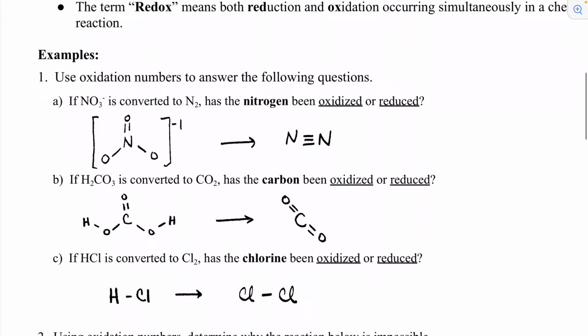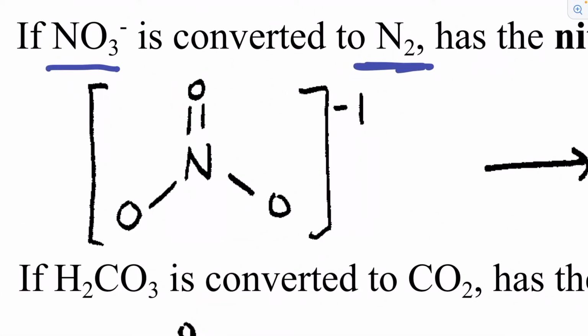All right, let's do some examples where we use our oxidation numbers to answer the following questions. First question asks, if NO3-, this is nitrate, is converted to N2, has the nitrogen been oxidized or reduced? What you need to do here is determine the oxidation numbers of the nitrogens in order to determine if it's been reduced or oxidized. So let's assign our oxidation numbers here.